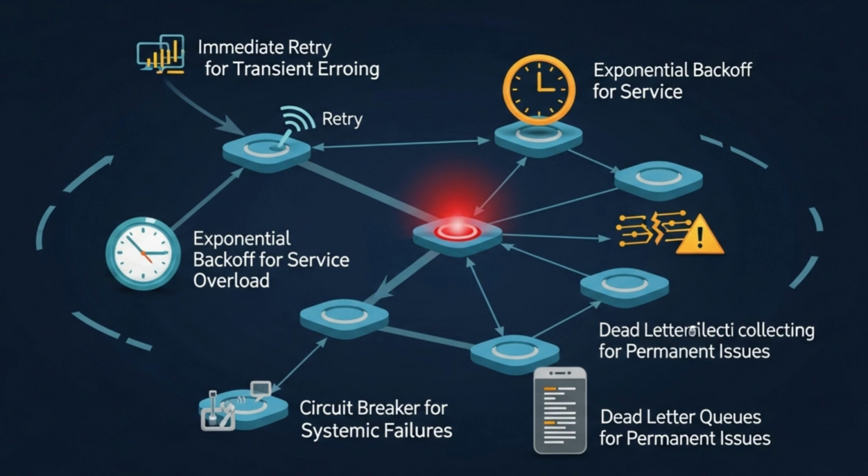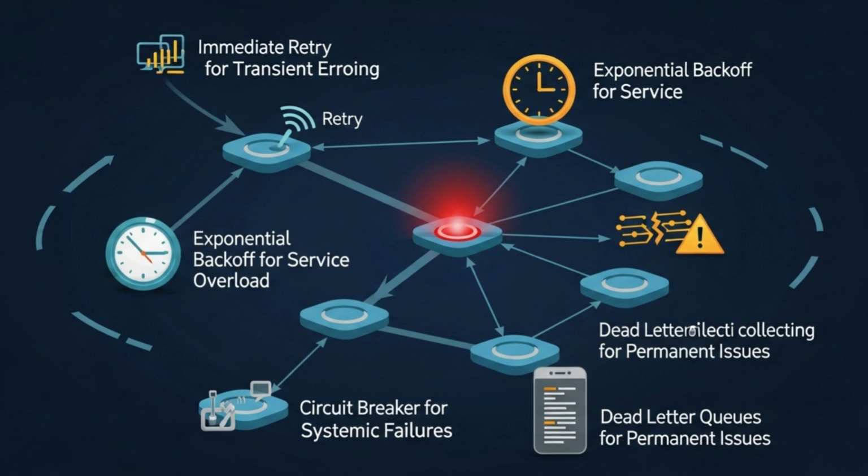The task attempts to run again instantly, usually a few times. If a service is overloaded, repeatedly retrying instantly just makes things worse. That's where exponential backoff comes in. It waits for progressively longer periods between retries, maybe 2 seconds, then 4, then 8, giving the struggling service time to recover.